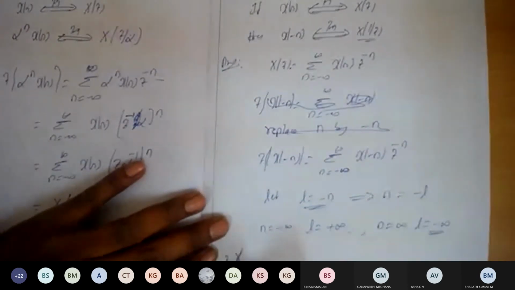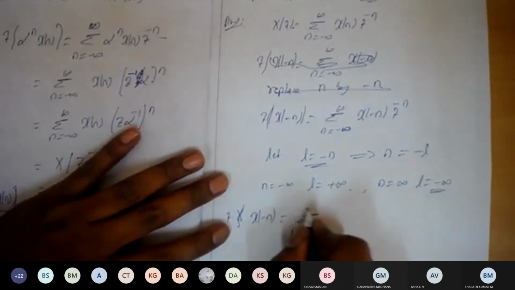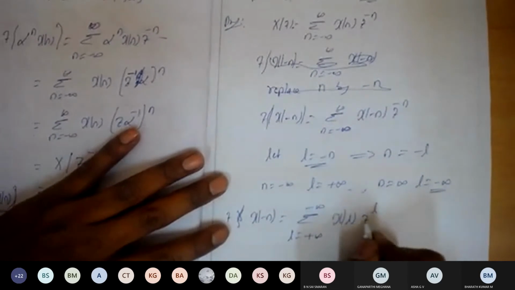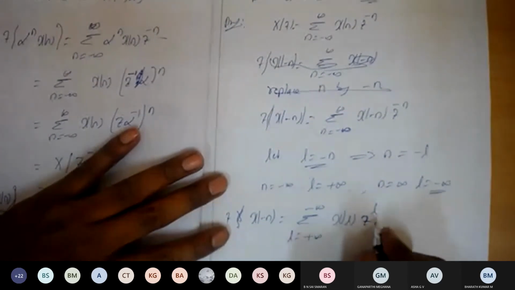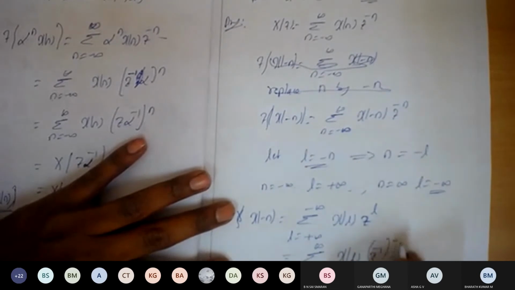So the z transform of x of minus n will become summation L equals plus infinity to minus infinity x of L into z to the power of plus L. Here we'll change the order of the limits: L equals minus infinity to plus infinity x of L, and to have the z transform we should have the inverse there.